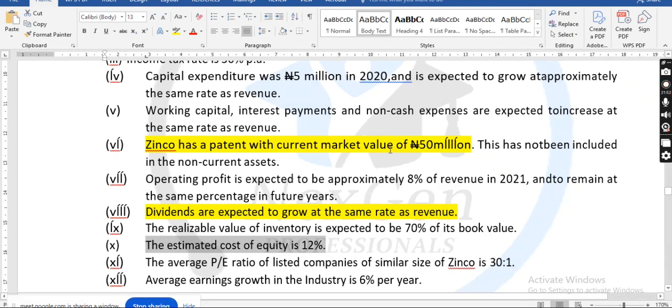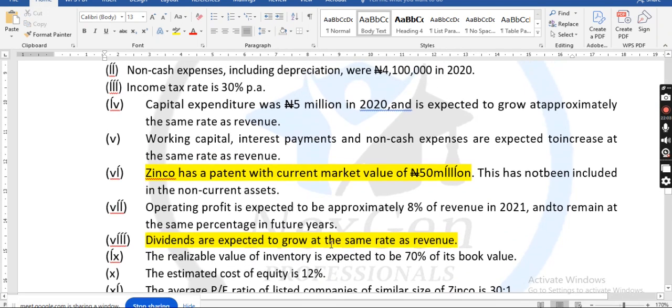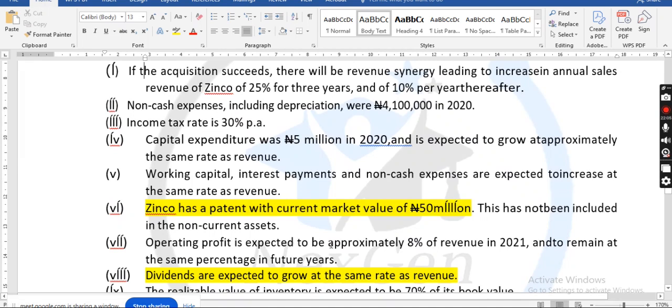Something should come to your mind that this is free cash flow to equity. This is free cash flow to equity.